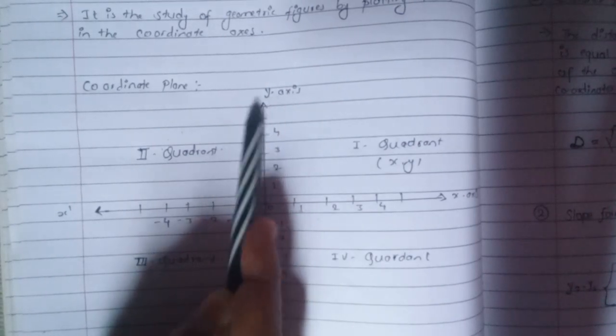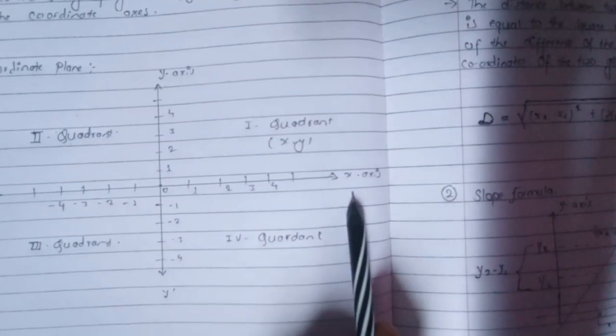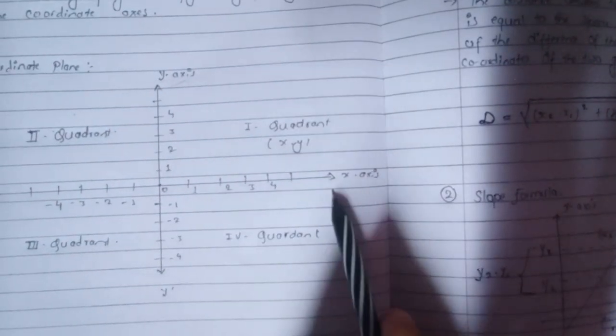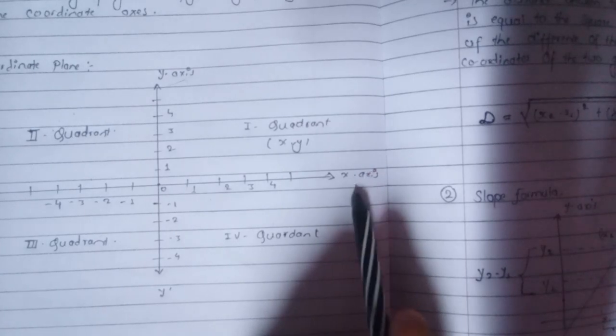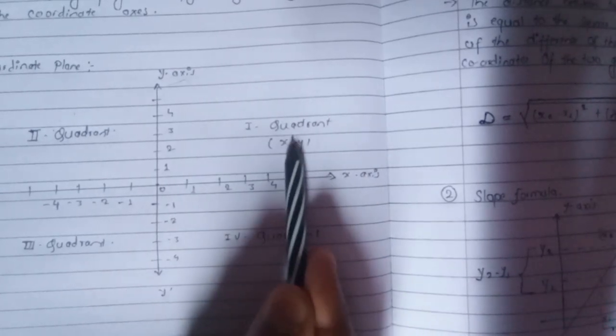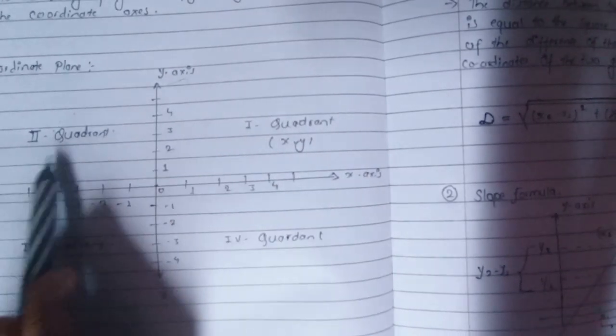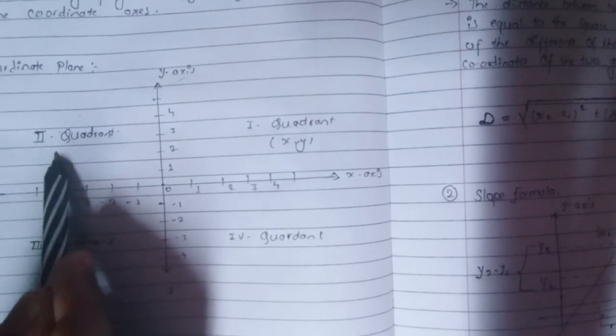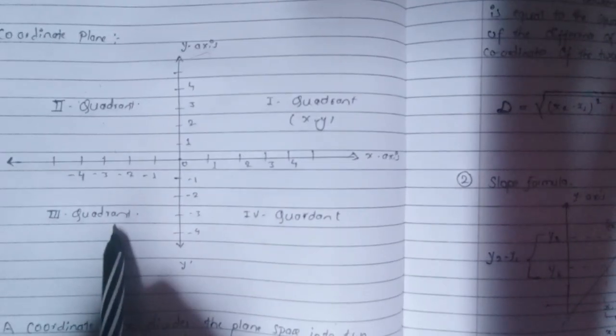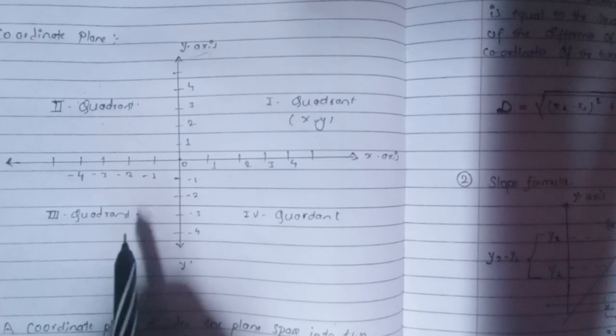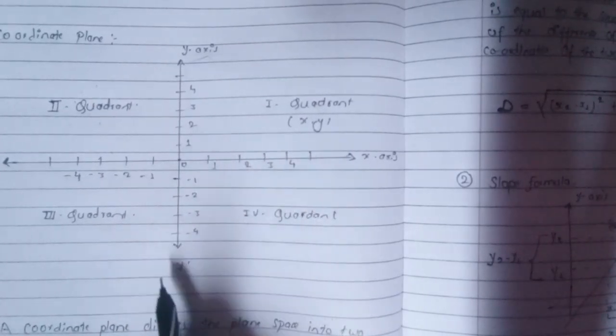This is the y-axis, and this is the x-axis. The first quadrant is x comma y, the second quadrant is minus x comma y, the third quadrant is minus x comma minus y, and the fourth is x comma minus y.